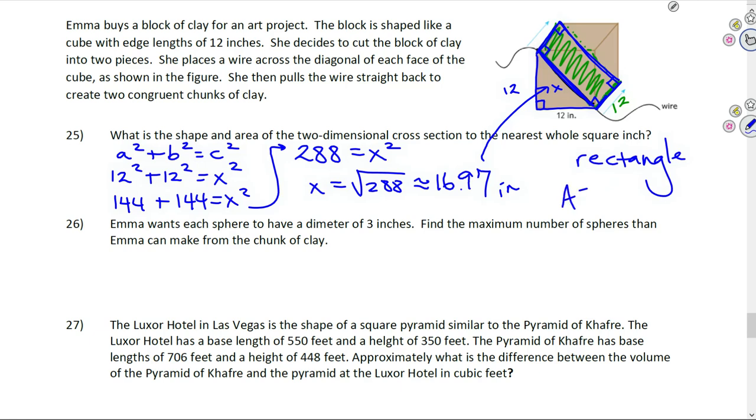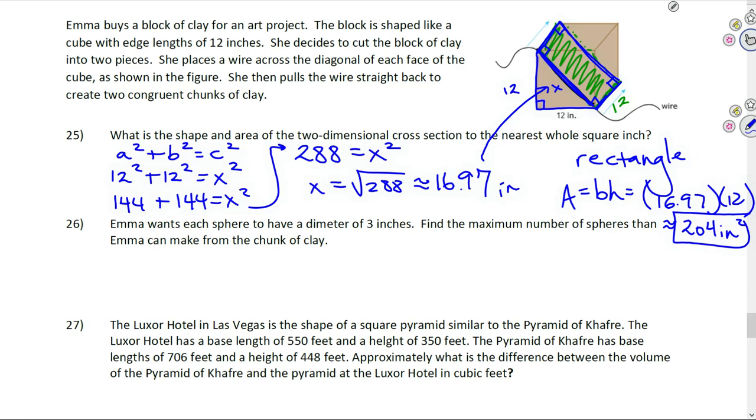The area is base times height, which is 16.97 times 12, and that is 203. Now, to the nearest whole square inch is approximately 204 square inches. So it's a rectangle. The area is about 204 square inches.